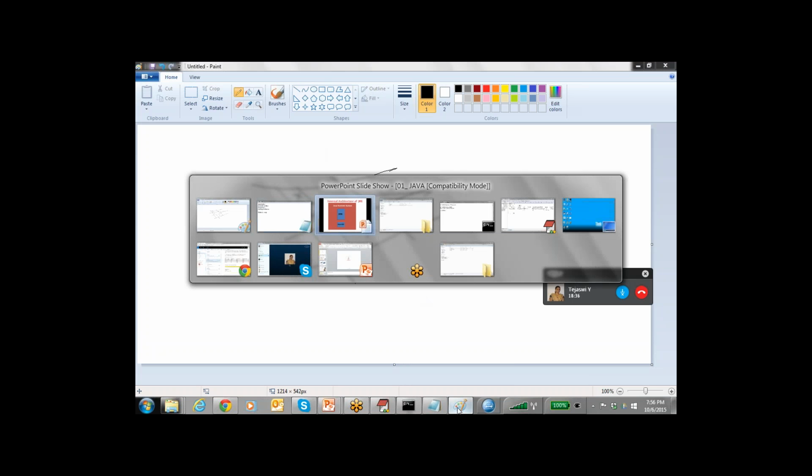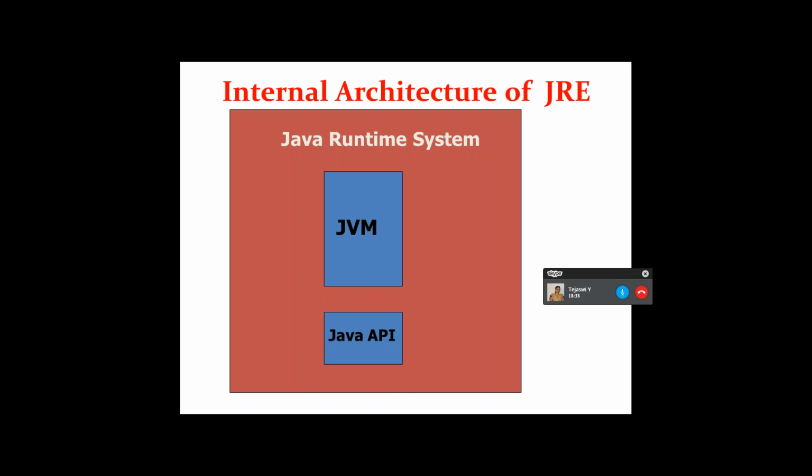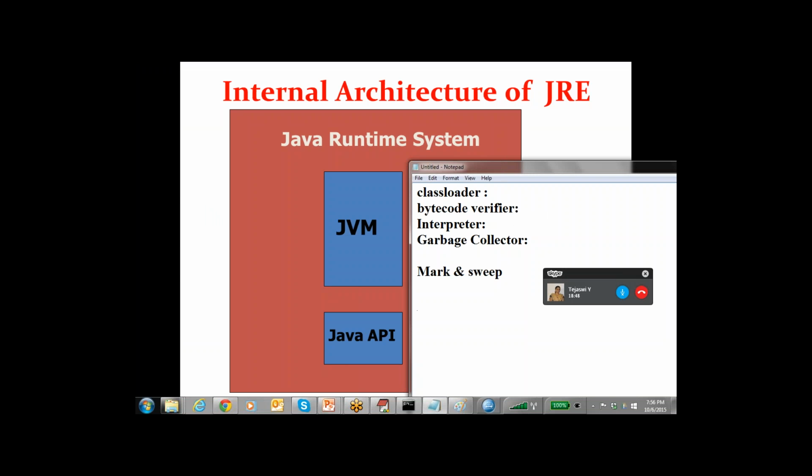Clear? Now what exactly is Java API? API stands for Application Programming Interface. I is an interface. Interface means mediator, between the application. In order to develop an application, you need a mediator.